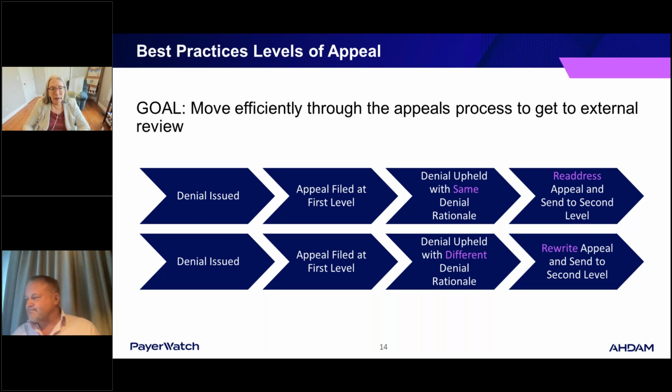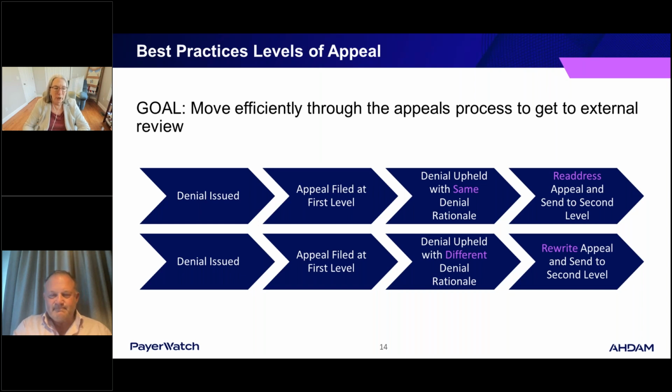So the second line is what we're normally used to. A denial is issued, and you file your appeal at the first level. If they come back with a different denial rationale, then of course you're going to rewrite your appeal letter before you send it back for your second level review, because you're going to rebut, refute, and argue against whatever the different denial rationale is.